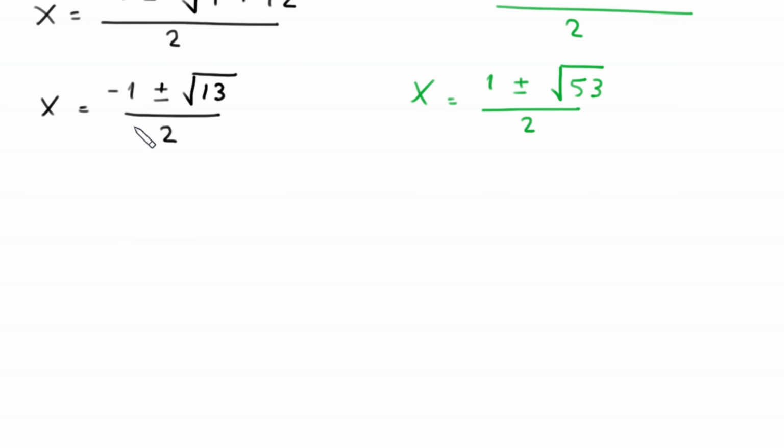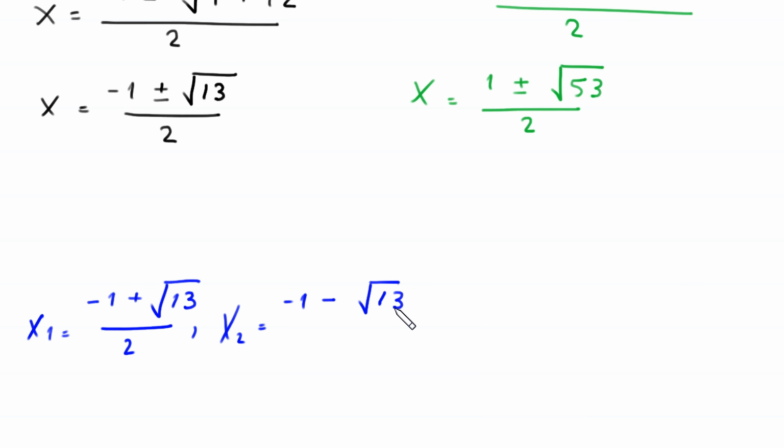It means that we have 4 solutions for this quartic equation. From this equation we get 2 values of x. x1 is equal to negative 1 plus root 13 divided by 2, and x2 is equal to negative 1 minus root 13 divided by 2.